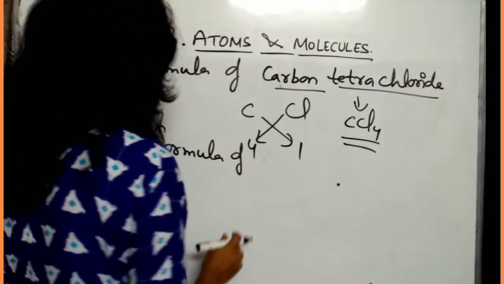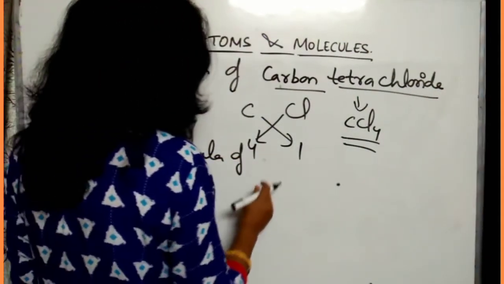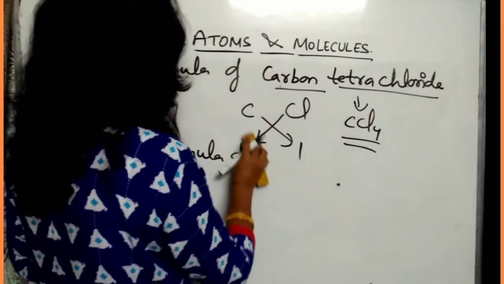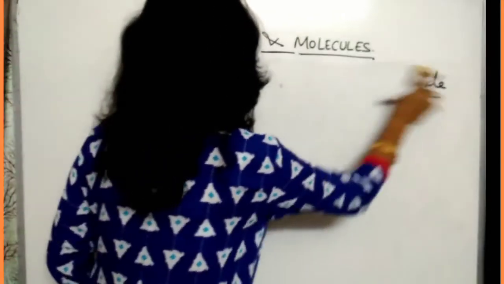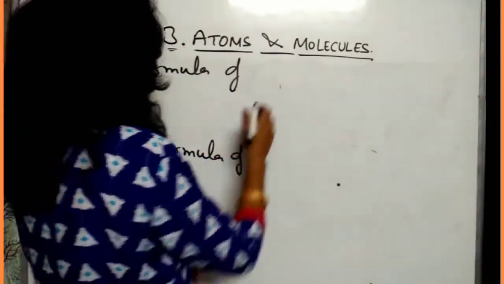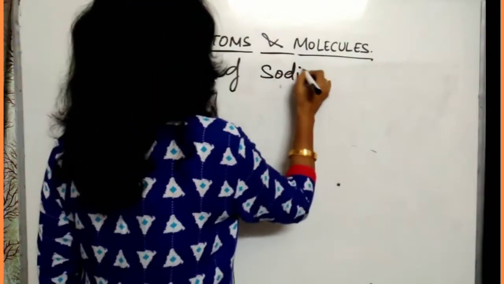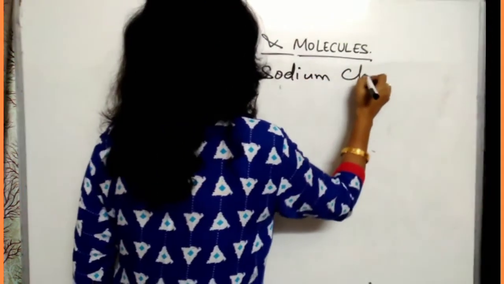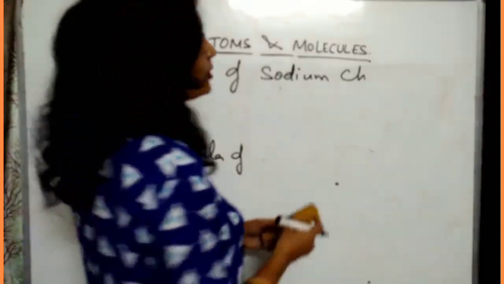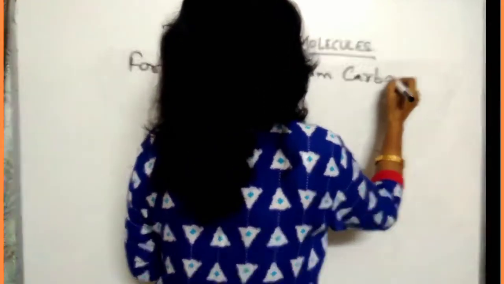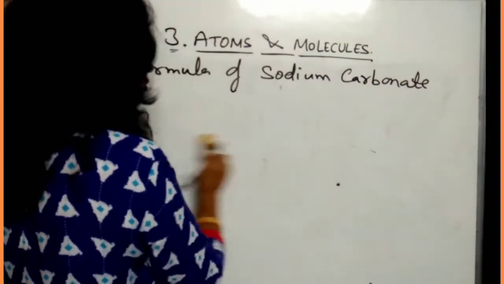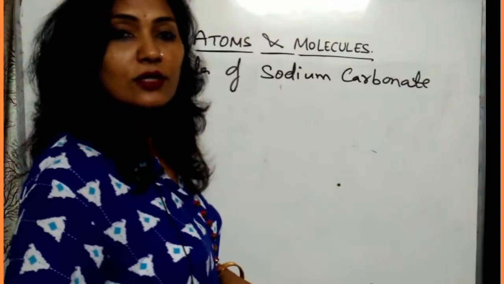Now you can write the formula of sodium chloride, that we have done. Sorry, sodium carbonate we can do. What is the symbol of sodium?